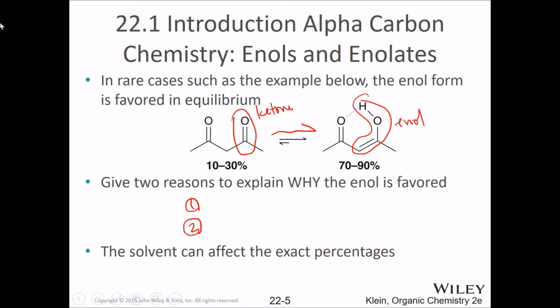Right? You see that? Ketone and enol. Wow. The majority of it, 70 to 90%, exists as the enol. Why? And another point is the solvent can affect these exact percentages, but that is not one of the 2 reasons given. They're super common answers. I've asked this question, honestly, hundreds of times. Well, scores of times in class, maybe hundreds.